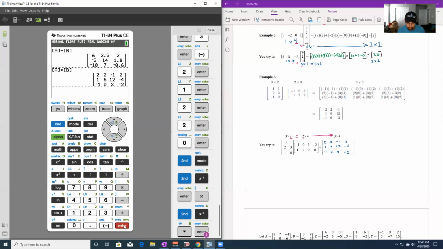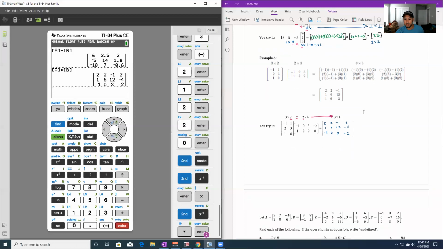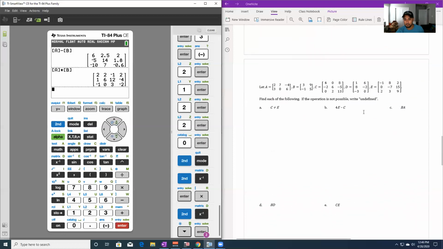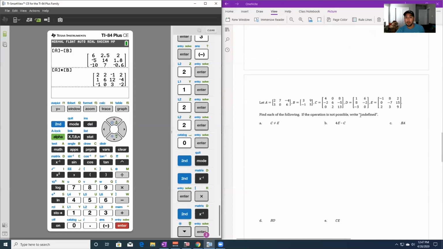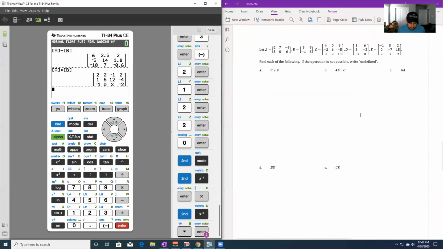All right. Perfect. Okay, what's next? Oh, almost done. Okay, find each of the following. If the operation is not possible, write undefined.